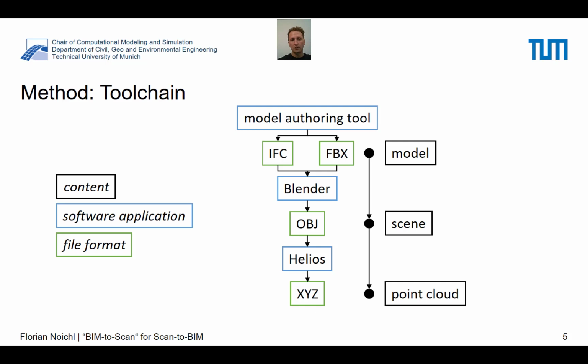This exported model is then imported into Blender, where we prepare the model for further steps. To be more precise, in Blender, we make sure that every object in this model actually is assigned with proper semantic information.